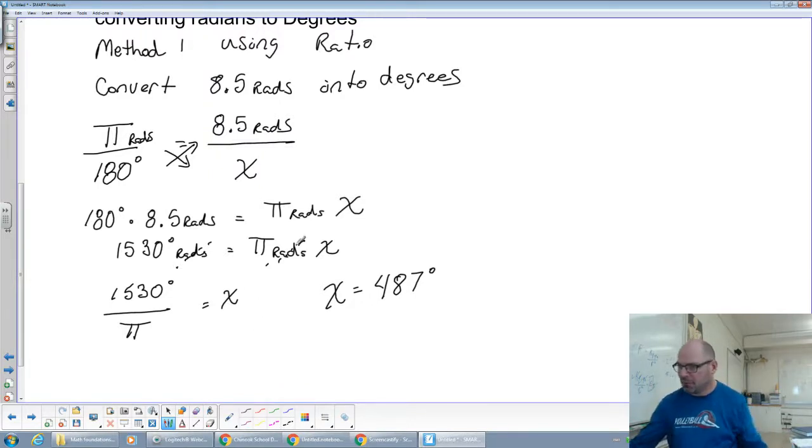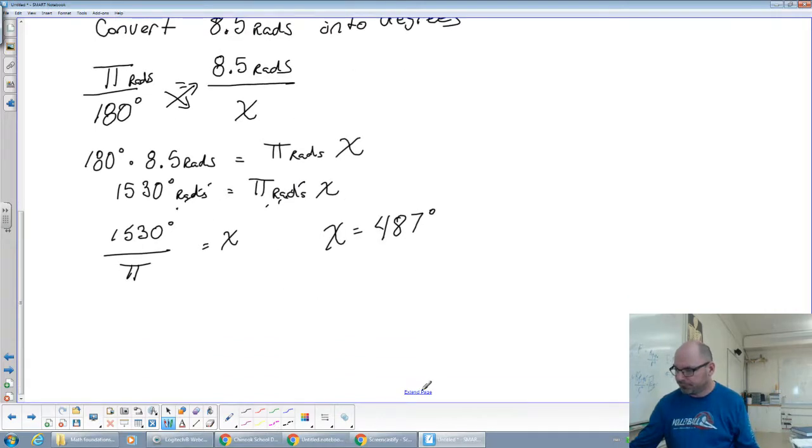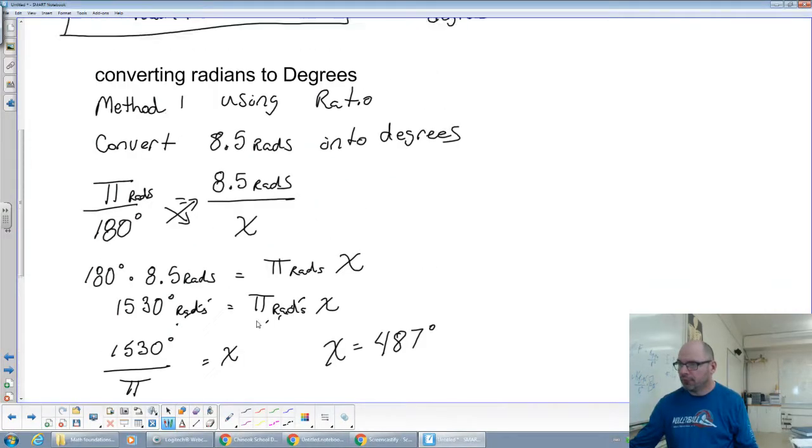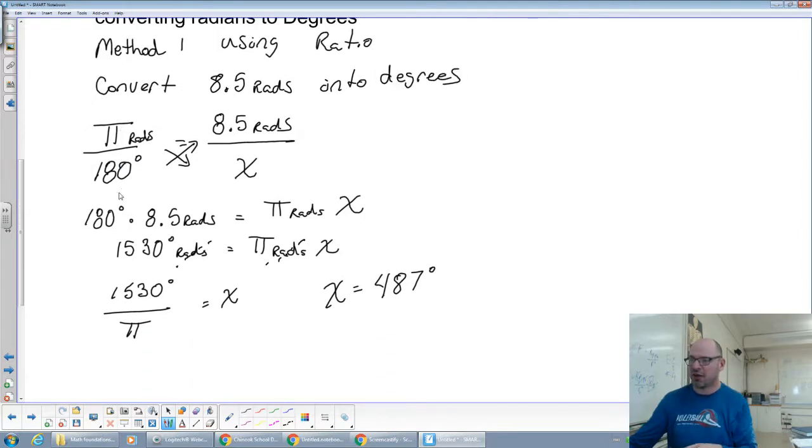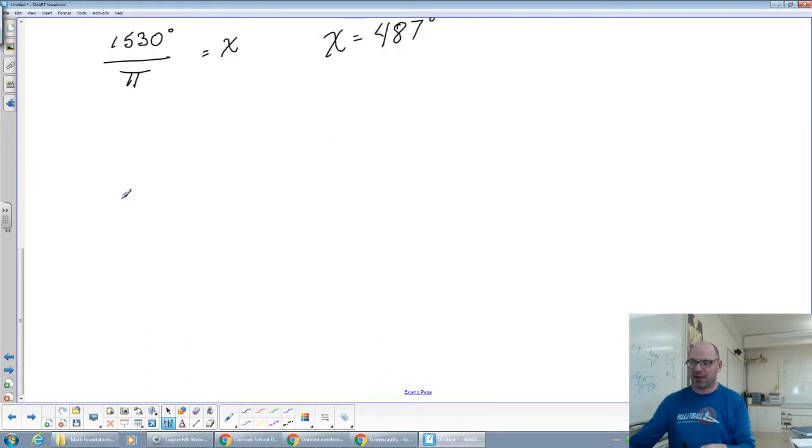Okay, method 2 is if you look at this ratio of pi over 180, pi rads is smaller, or you could do 180 degrees divided by pi radians.